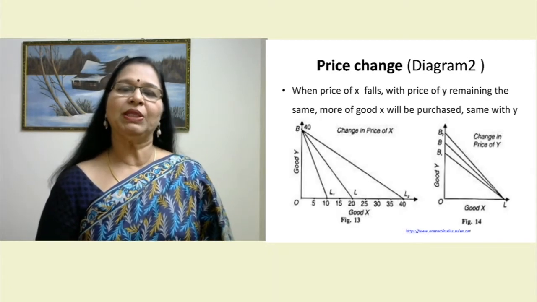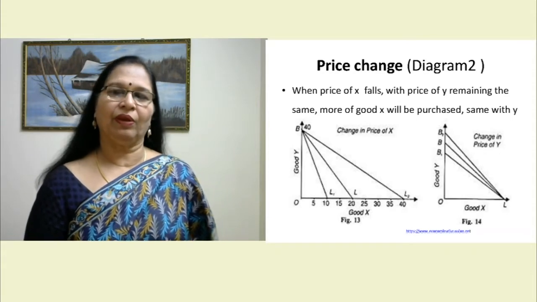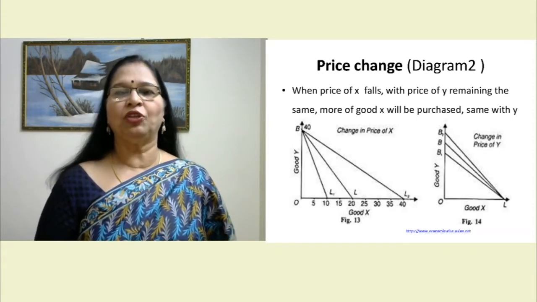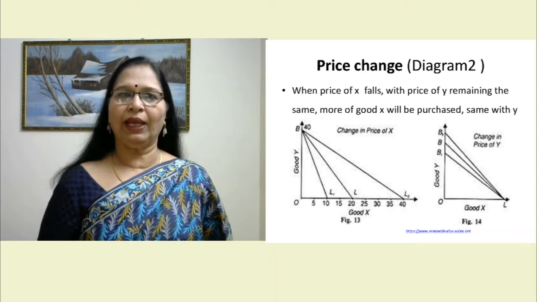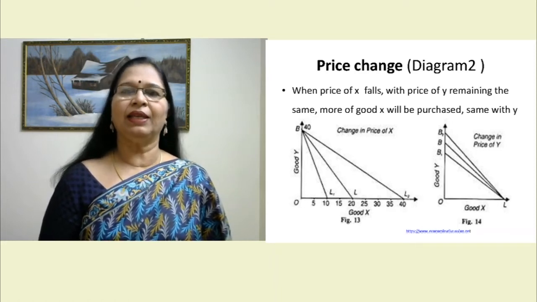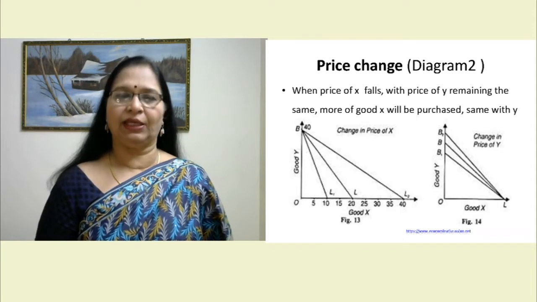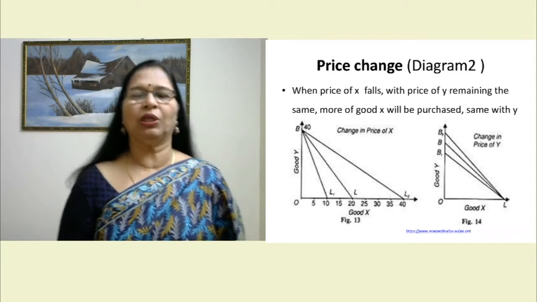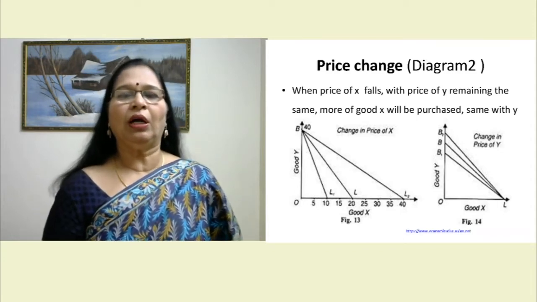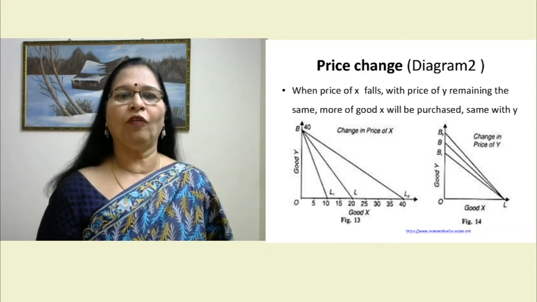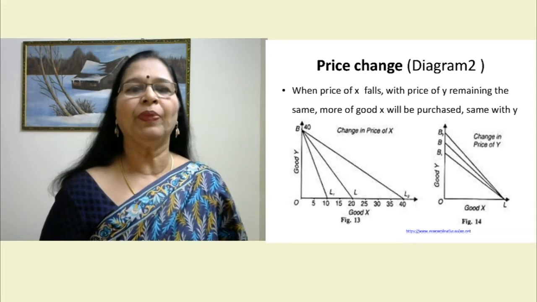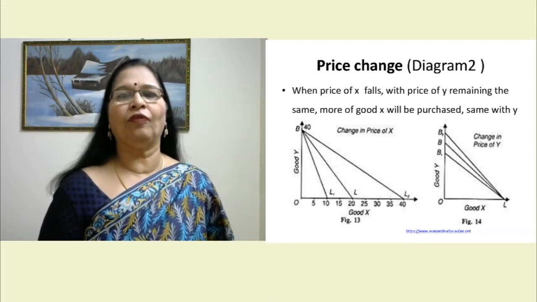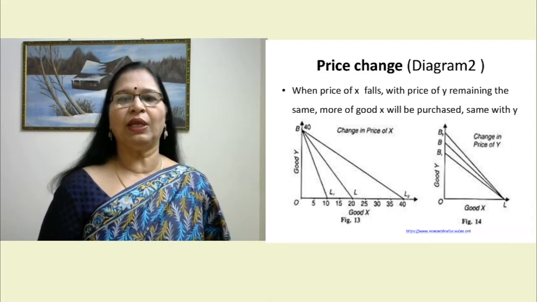Now, what happens when prices change? Price can change in two ways. One is the price of commodity Y can change, and the other is the price of commodity X can change. Both are possible. So if the price of Y remains the same, that is at OB, and only the price of X falls, you can see what has happened.